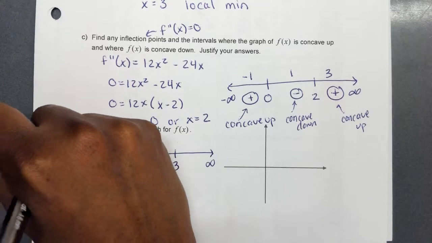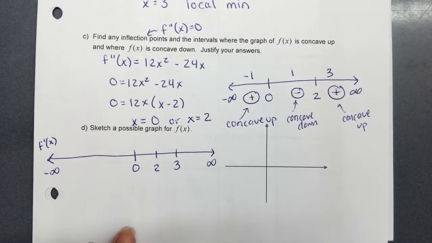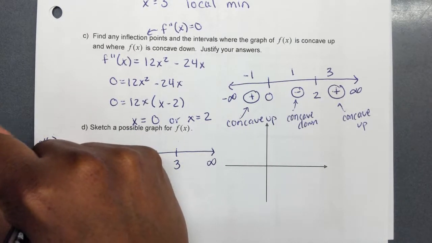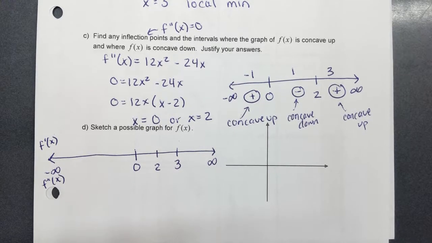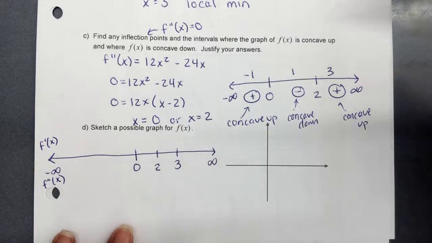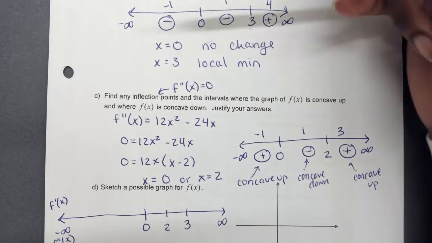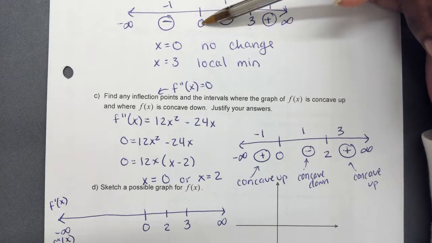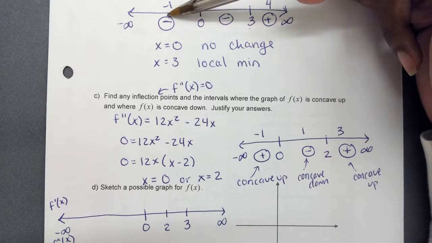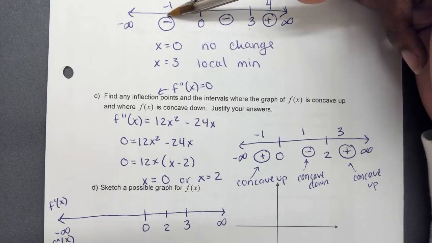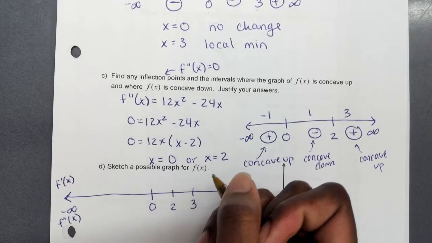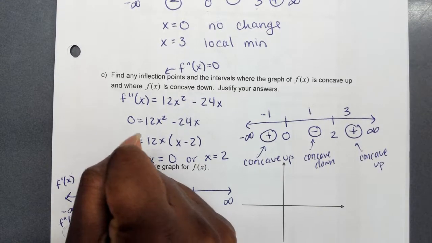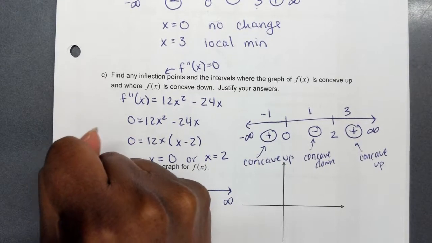So up top, I'm going to put what my first derivative test told me, and on the bottom, I'll put what my second derivative test told me was happening. So my first derivative test says that from negative infinity to 0, we have a negative f prime, which means that we're decreasing.